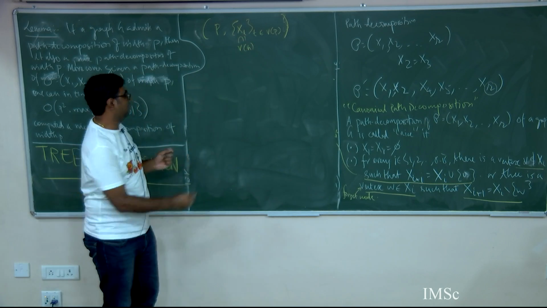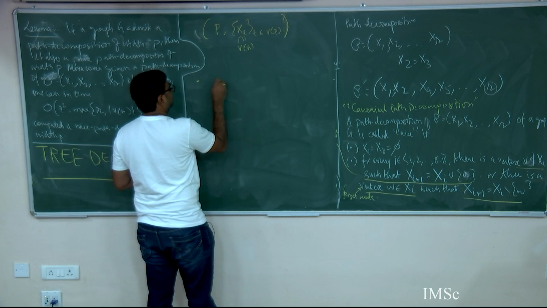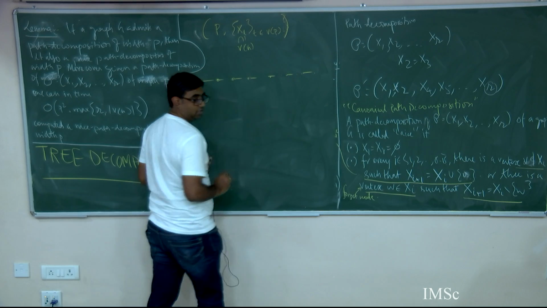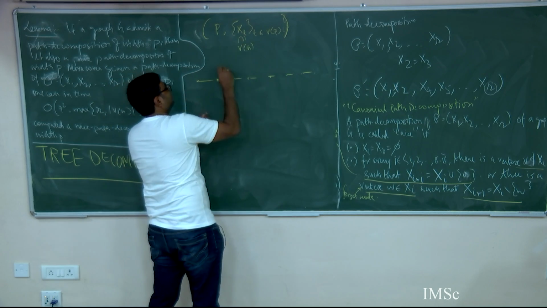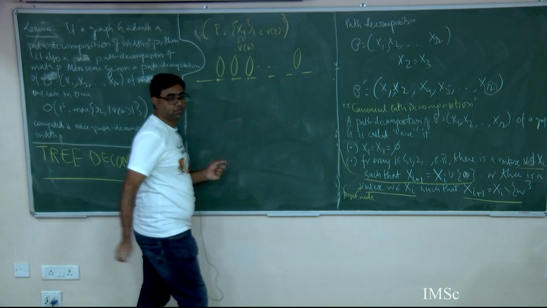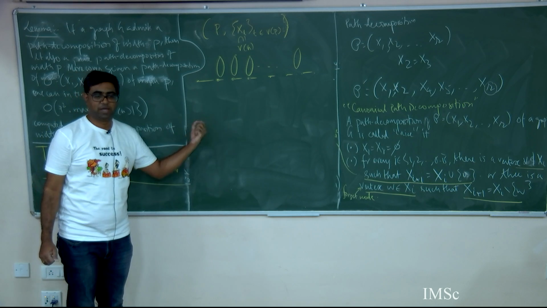So I have a path, and each vertex in the path has been assigned some bag, which satisfies properties A, B and C. Every vertex is part of some bag.